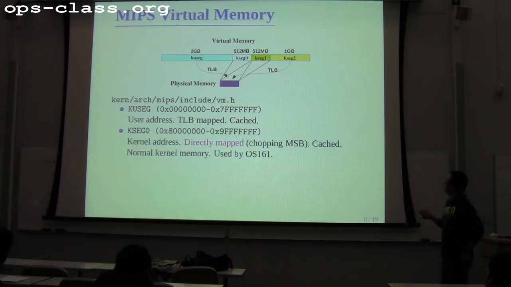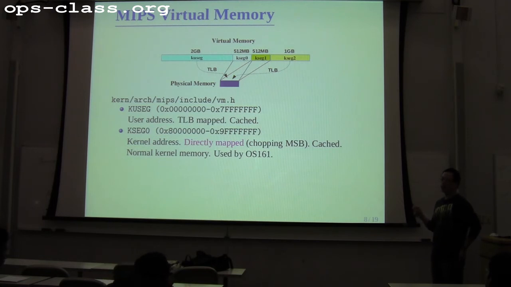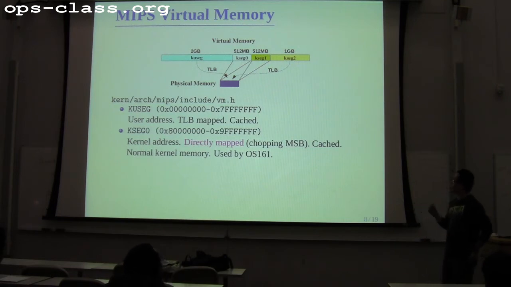And the second segment is from 0x80000000 up to this. It's called kernel segment 0. It's directly mapped, meaning that if you access a virtual memory in this region, the hardware will not look up the TLB. Instead, the hardware will just chop off, set the most significant bit to 0 and use that as a physical address.